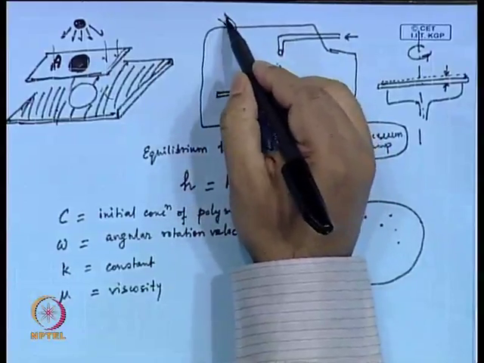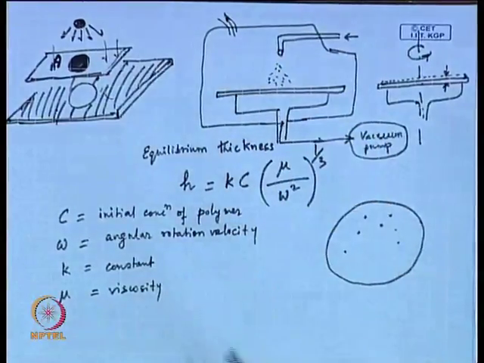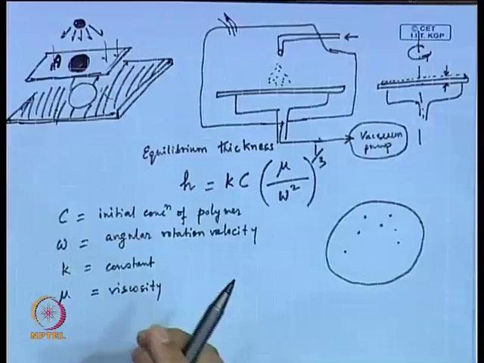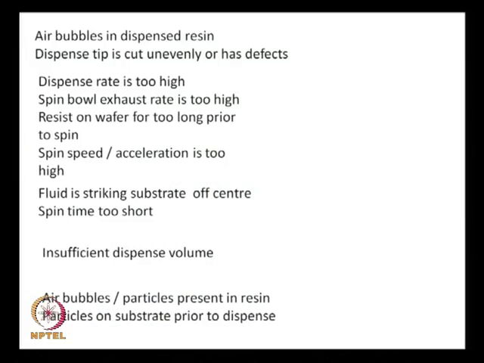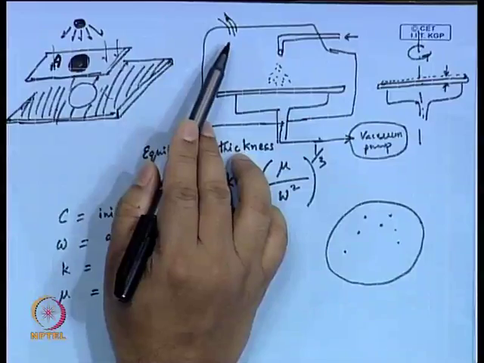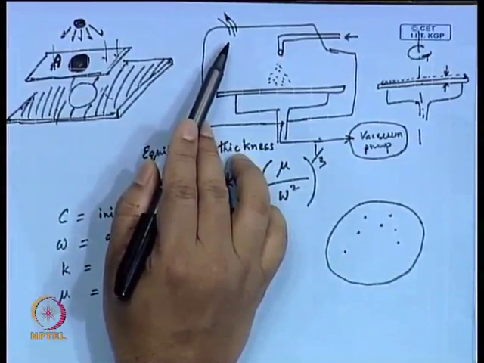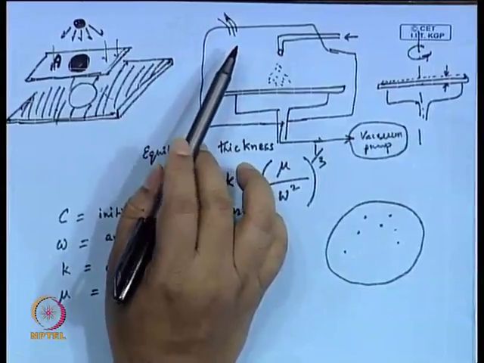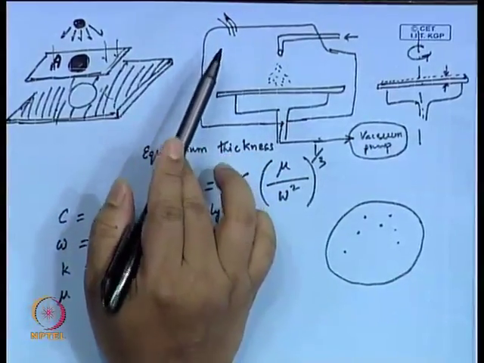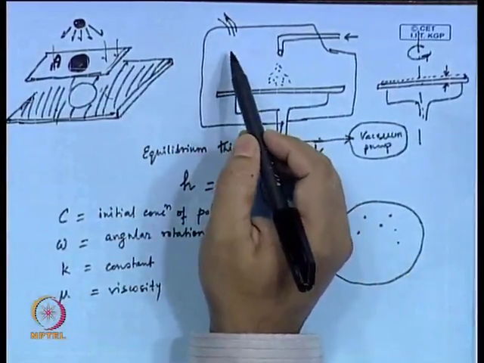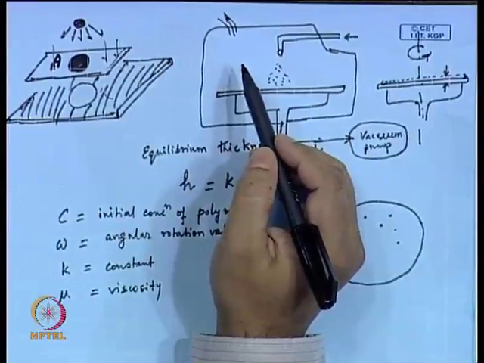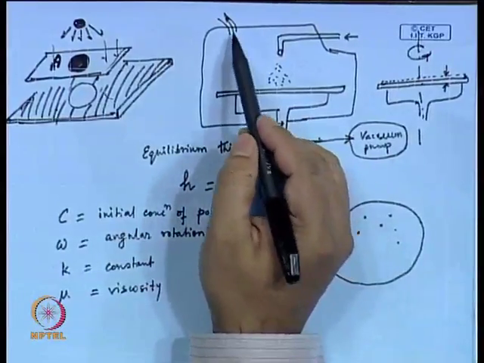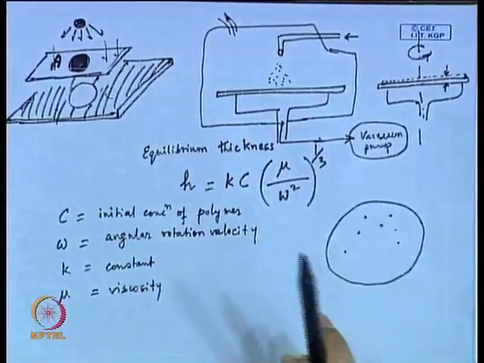It could be possible that some people, to ensure that there isn't any bubble formation and this liquid penetrates all over the surface uniformly, put a little bit of vacuum here as well. So, spin coating under vacuum is also another possibility. So, this is what they are referring to as spin bowl exhaust rate.